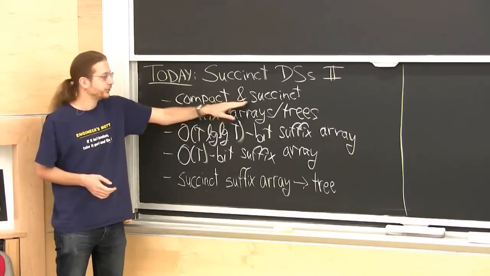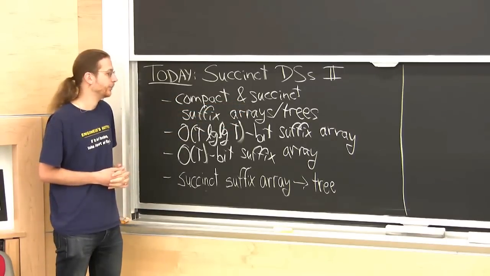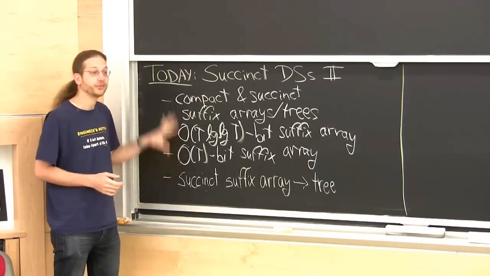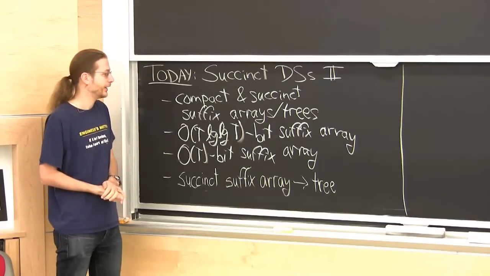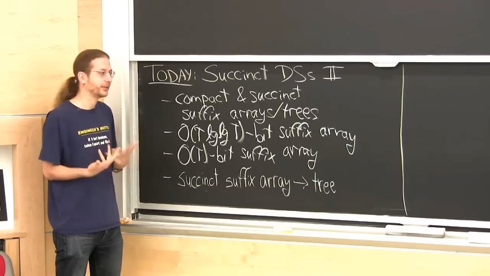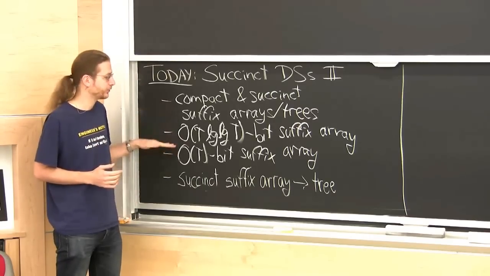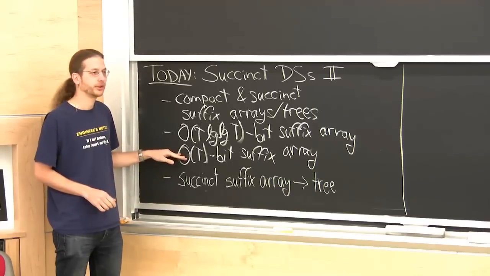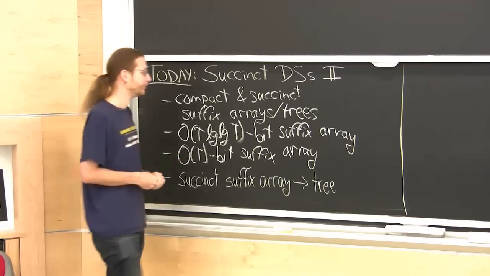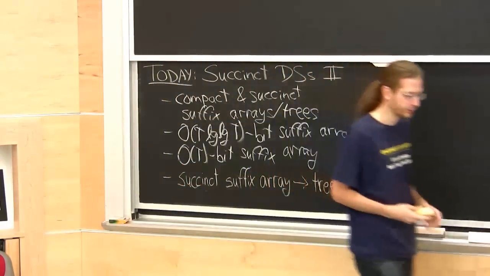It's also known how to do succinct suffix arrays, and there are dozens of papers on this topic. It's kind of a big field all to itself, and a lot of the techniques are pretty complicated. So I'm going to try to keep it to the bare minimum that will give us a linear number of bits of space, a compact data structure.